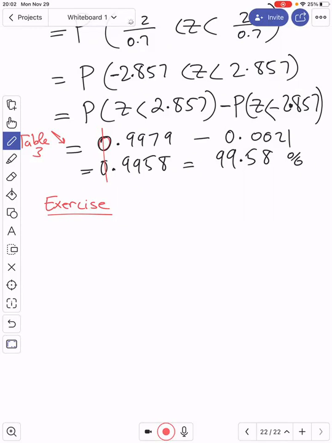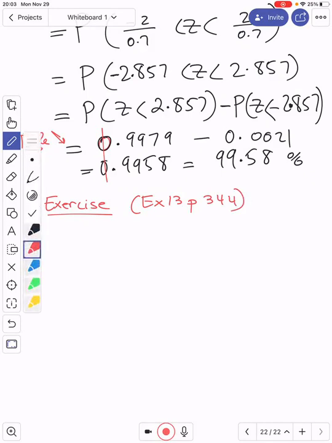Okay, so let's say we can do exercise 13, page 344.